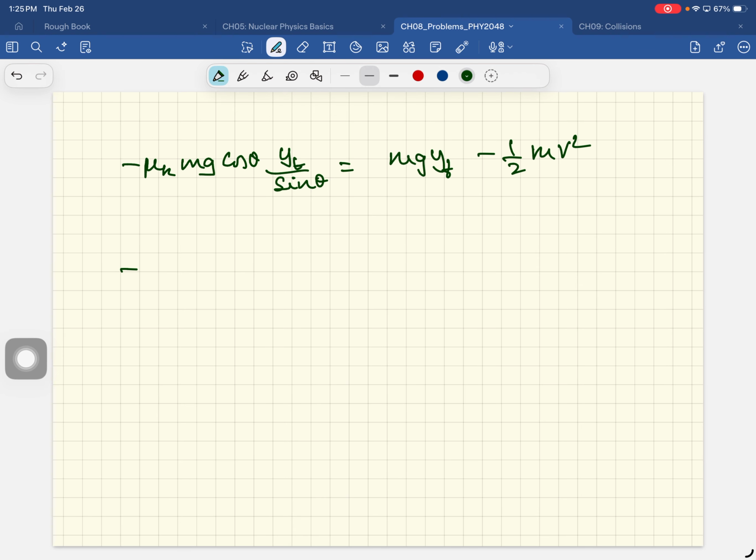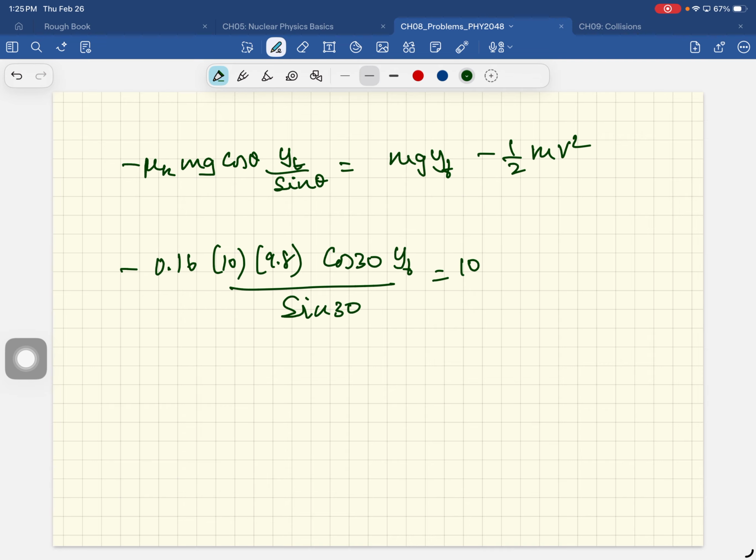Mu k is 0.16, m is 10, 9.8, cosine 30, Y final, sine 30, 10, 9.8, Y final, minus 1 half, 10, 5.3 squared. You see Y final is the only unknown, and you can calculate that.